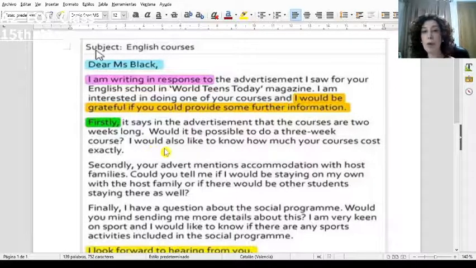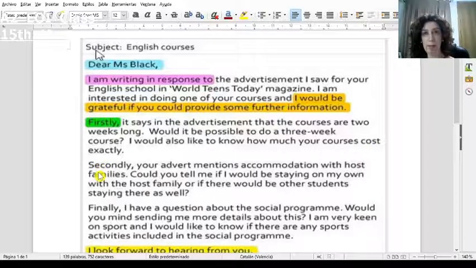I would also like to know how much your courses cost exactly. Mireu, I would also like to know, me gustaría saber, i ahí no puc fer una inversion perquè no és una interrogativa. La interrogativa ja és què és el que t'agradaria fer. How much, subjecte, your courses, cost, verb, exactly.